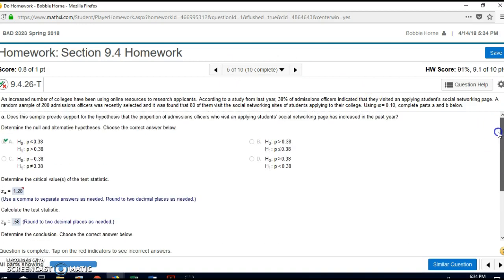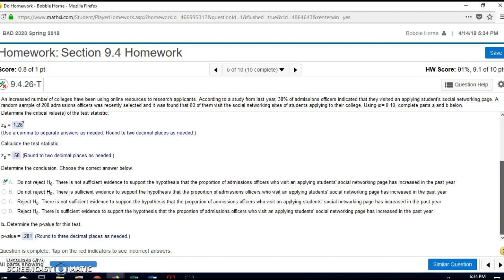This is the same thing here. You work it the same way, but you don't have to figure out your number of successes. They actually tell you 80, and then 200 is your number of observations. And then you determine your p-value for this test. Let's just do this one and see if it will work.